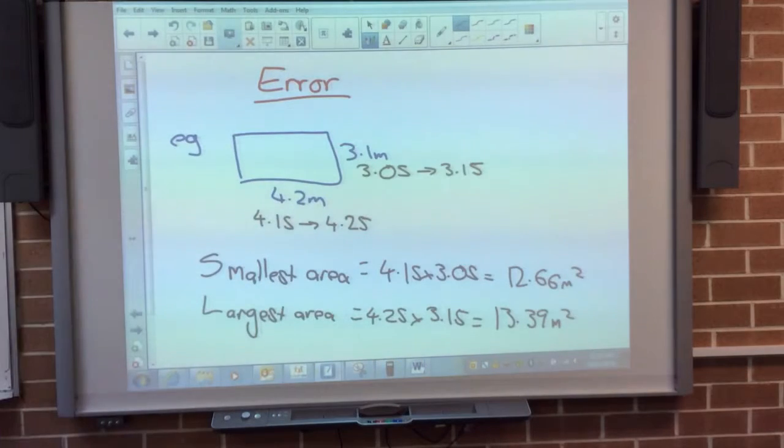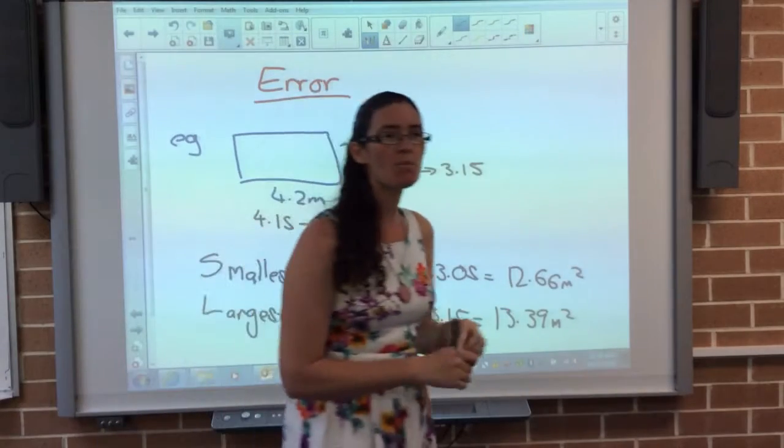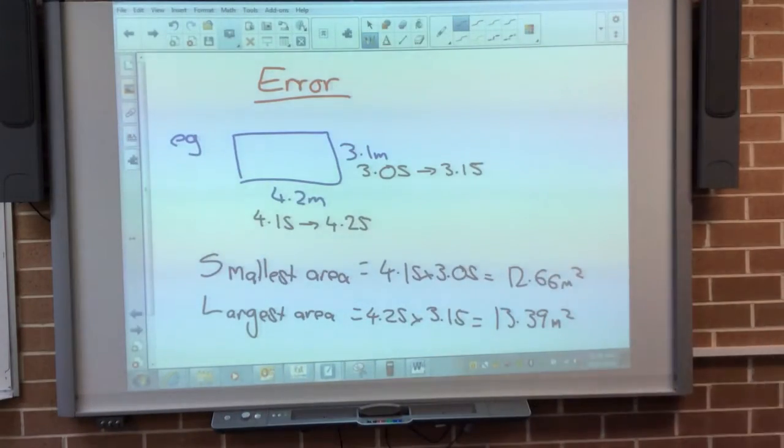So if you need to calculate how much your error is in the area, you actually have to go back to the original measurements, look at the range that is possible for your original measurements, and then use those to calculate your smallest and your largest area.